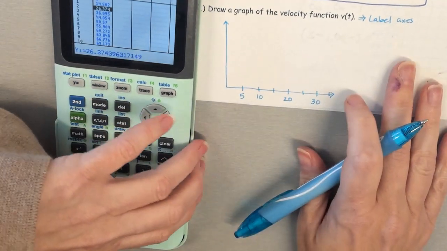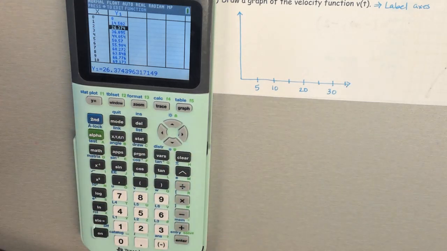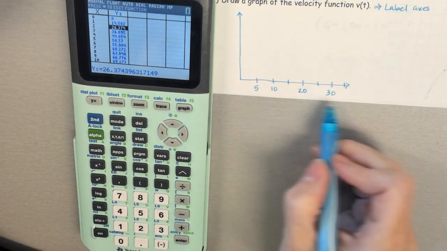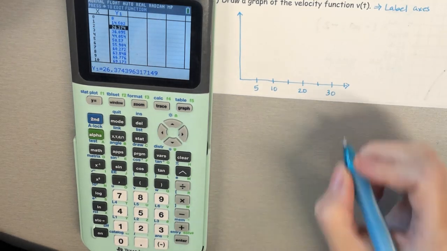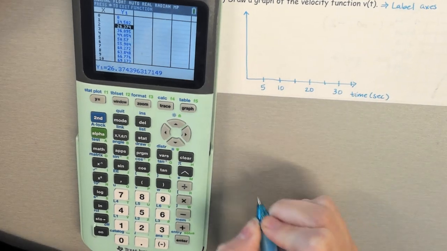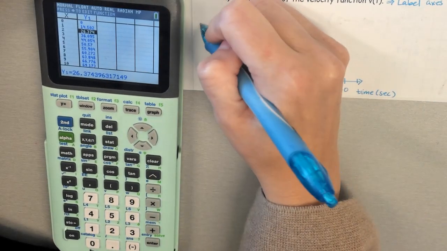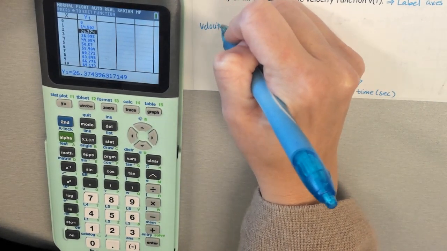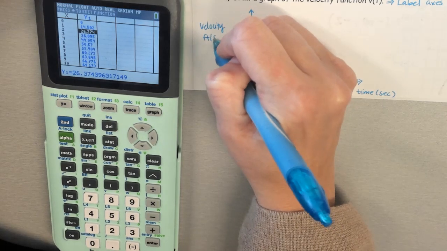Okay, and then you already have these values in your table, and if we go by 5s, we can change that. So this axis is the time in seconds. This axis is the velocity in feet per second.